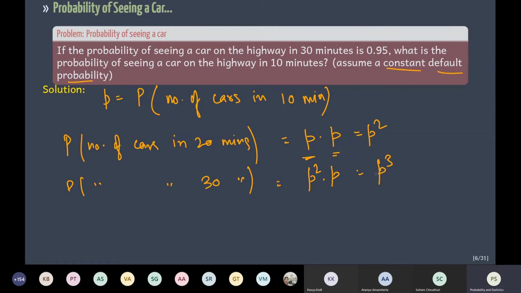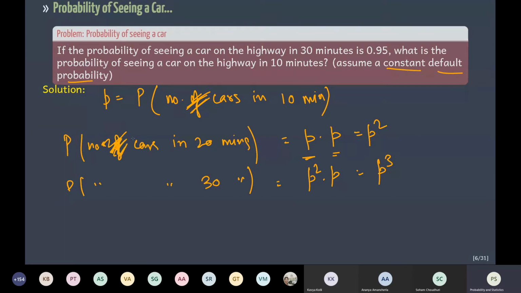Okay, what I can do is change a little bit. Let us say I change this to no car, so no cars in 10 minutes. And the probability that there are no cars in 20 minutes would be p square.